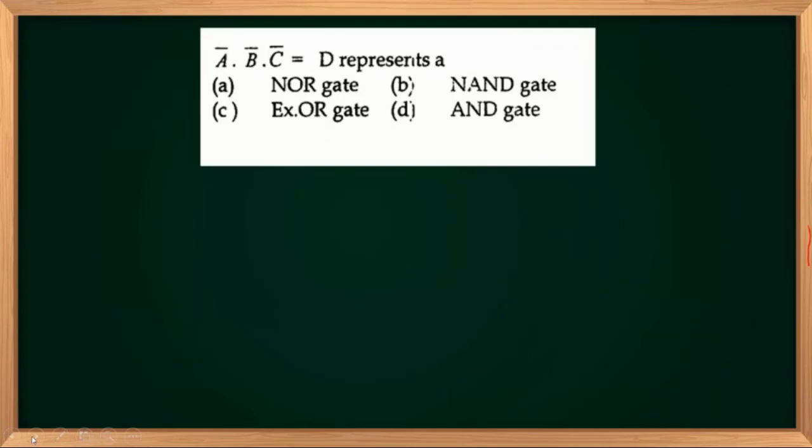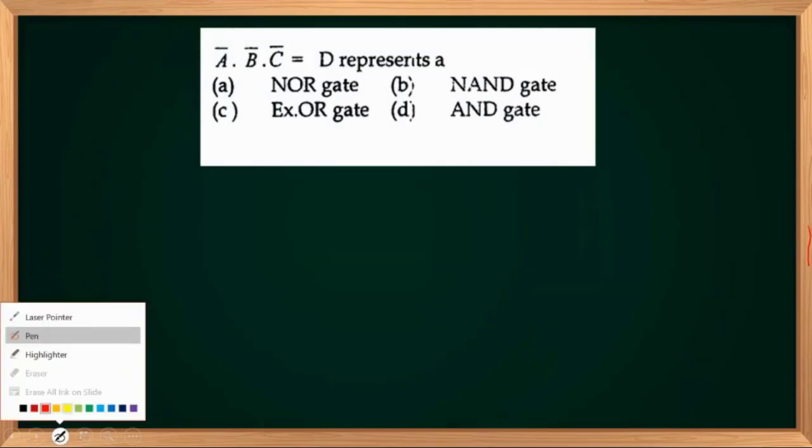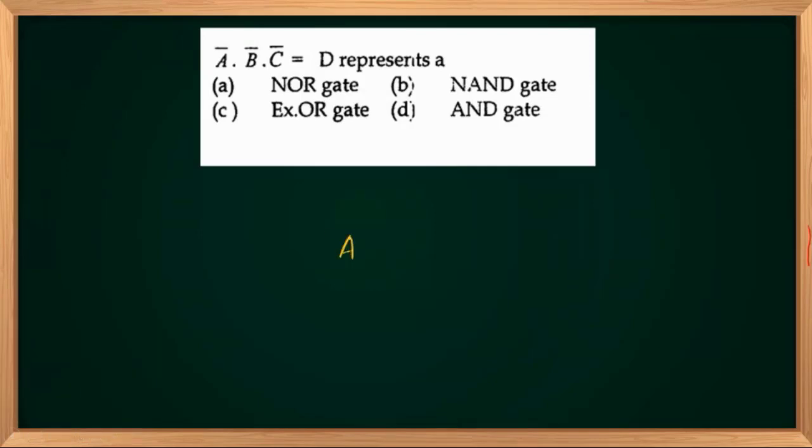The next question: A bar dot B bar dot C bar equal to D represents a, first option NOR gate, XOR gate, NAND gate, AND gate. A bar dot B bar dot C bar equal to D represents which gate?